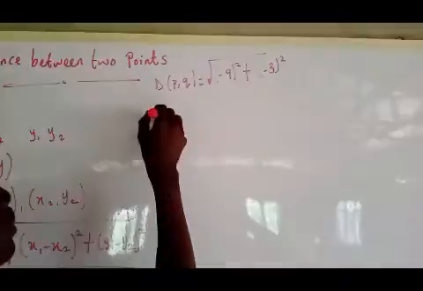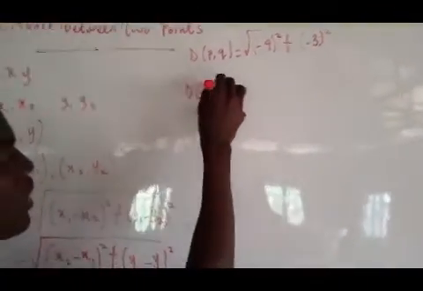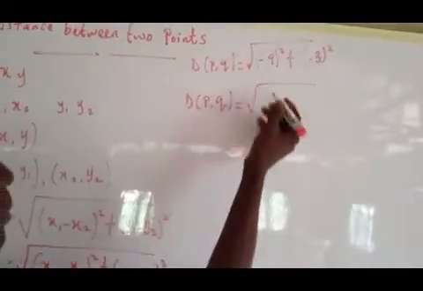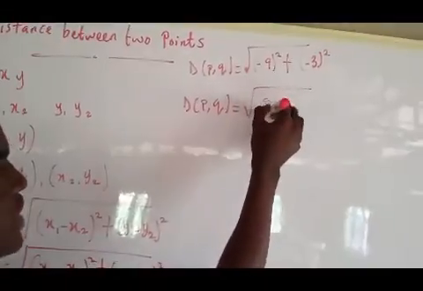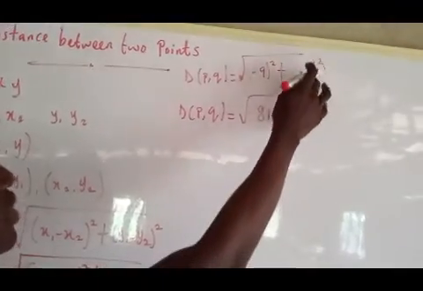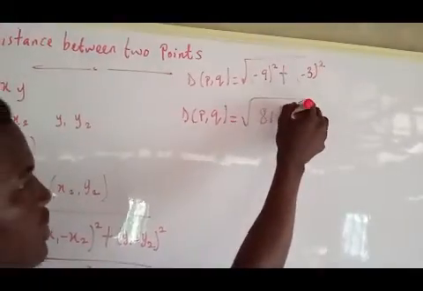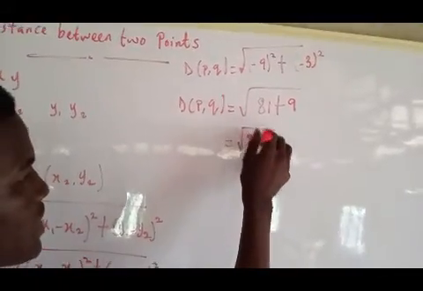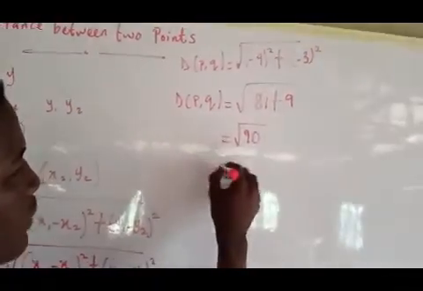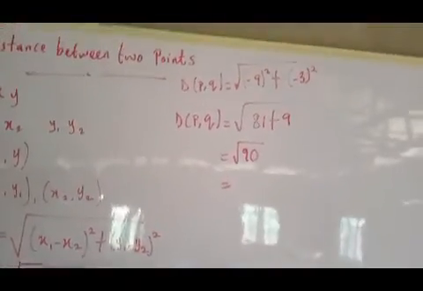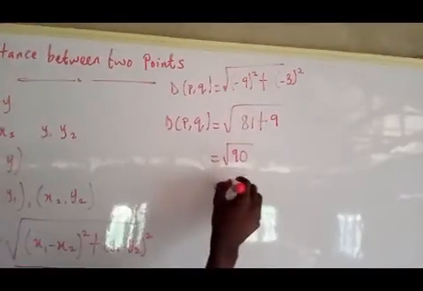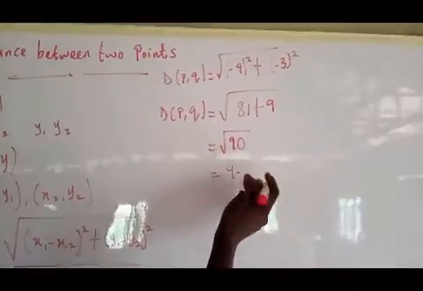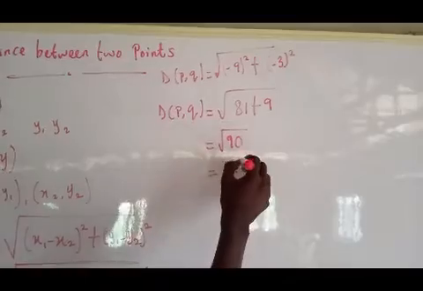So the distance between p and q will now be the square root of -9 squared, -9 times -9 gives you 81, plus -3 squared gives you 9, and that will be the square root of 90. The square root of 90 is about 9.5, let's say it should give us 9.8 or so.